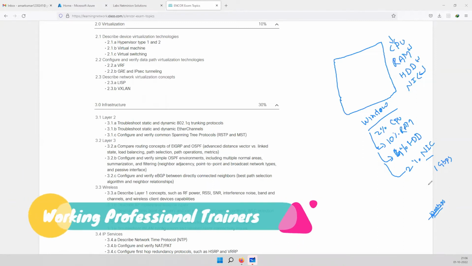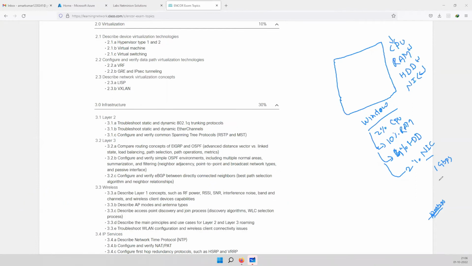Yes, right. Correct. So 40 GB can, and 100 GB also. So we can use any media, wired or wireless.